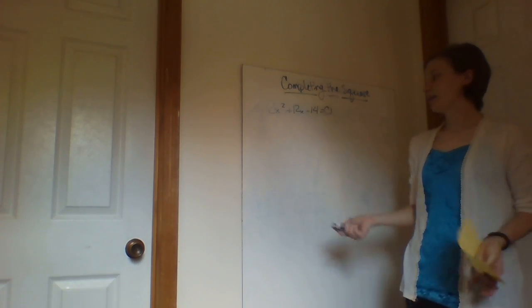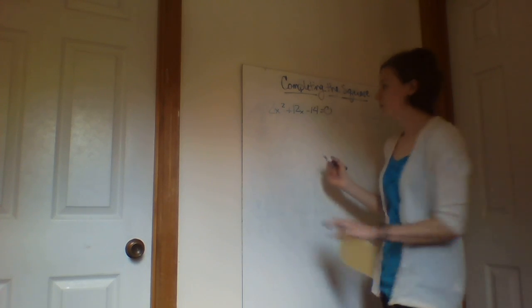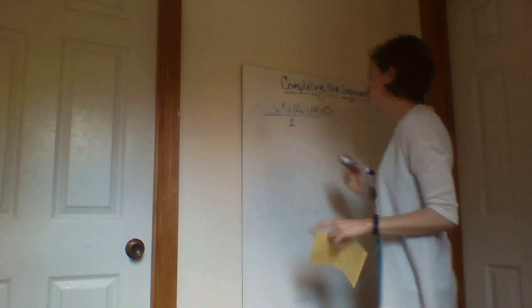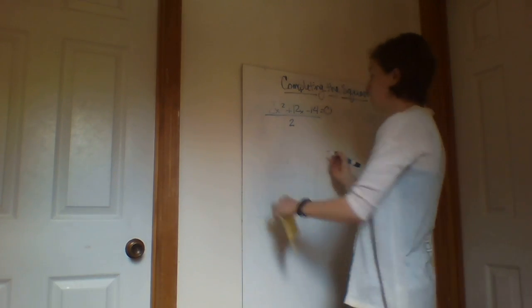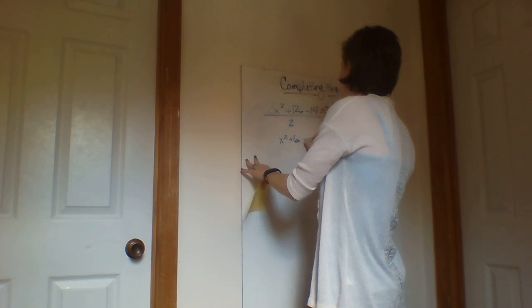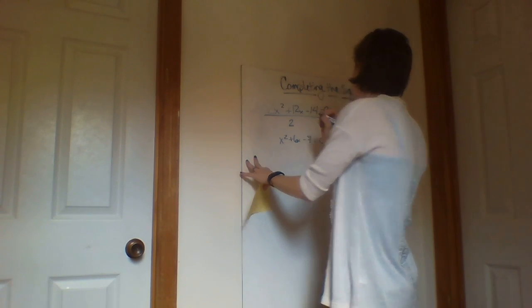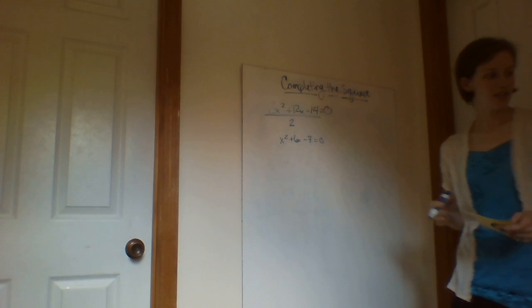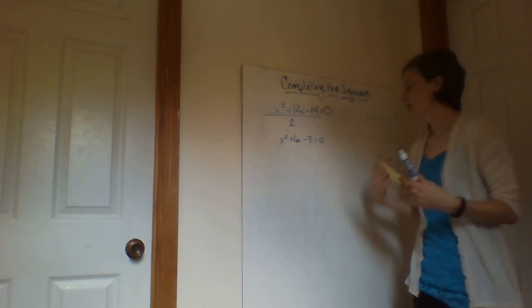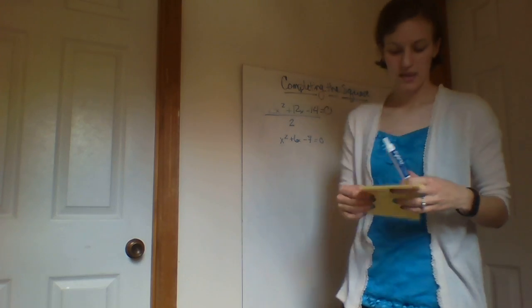So, to get that to be a 1, we want to divide by 2. And so then all of this turns into x squared plus 6x minus 7, all of that equals 0. And once again, we're back to the original equation that we just solved a couple minutes ago. So there's that case.